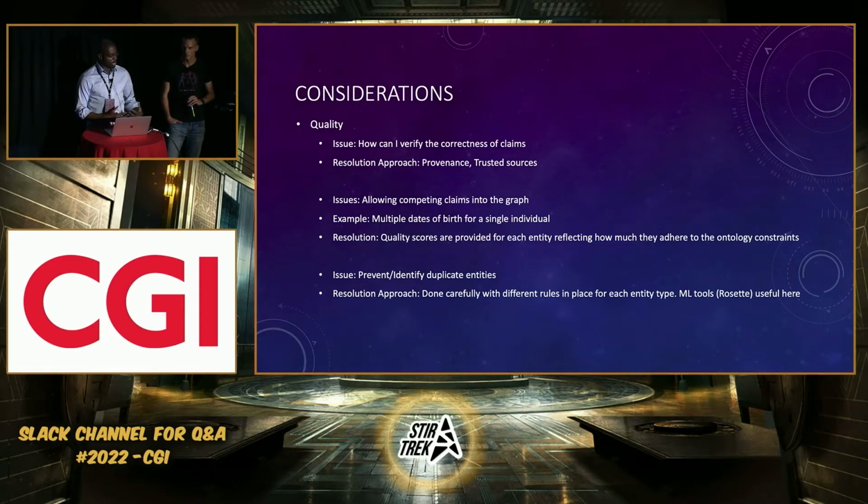So still, we keep that information in the graph. This information is available within the graph, but when you go and view that person, we make it clear to users that this individual has a reduced quality level based on some of the issues around how it adheres to the ontology.